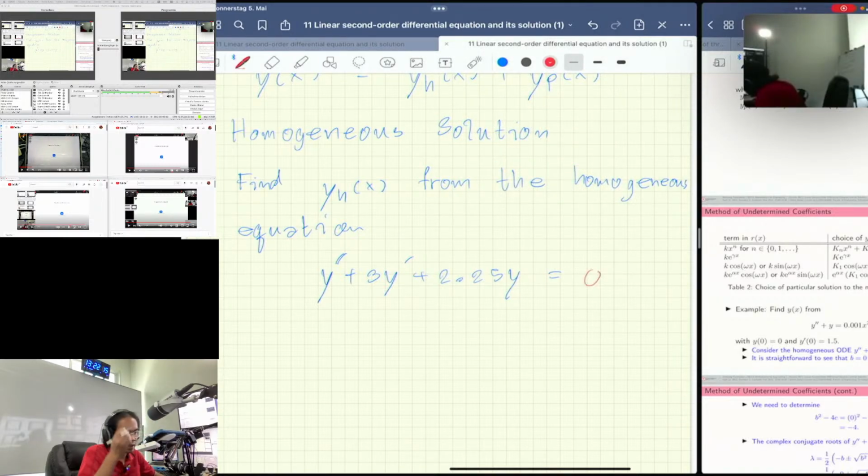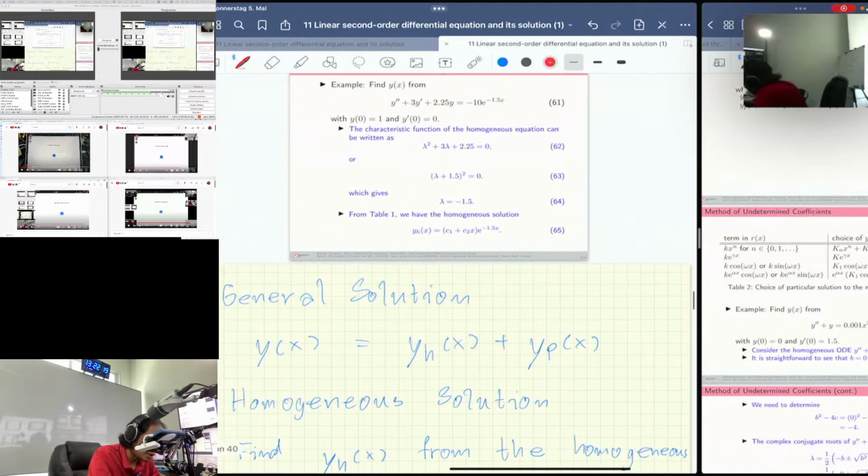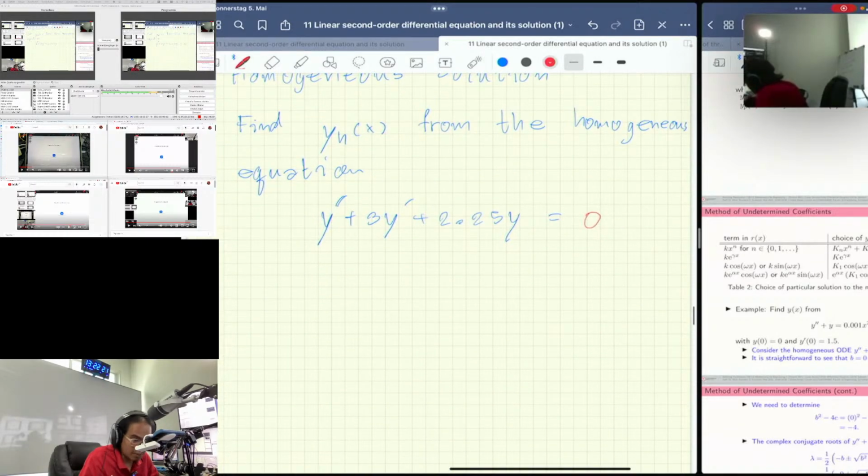Instead of the 0 negative 10 and so on, exponential negative 1.5x and so on. Okay. Yeah, there we have the homogeneous equation like this, and we're gonna solve this one, right?